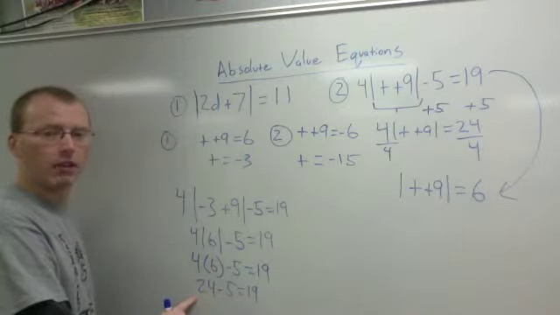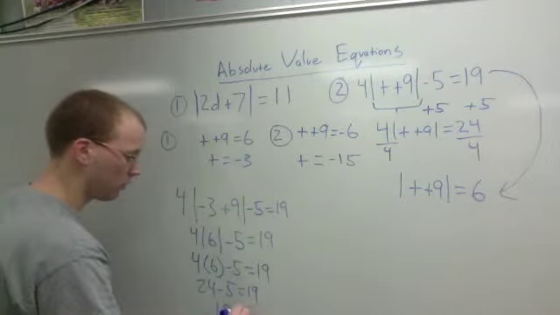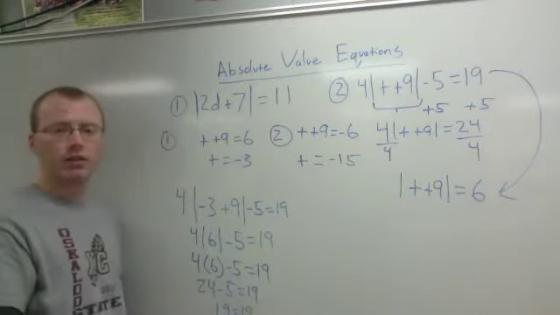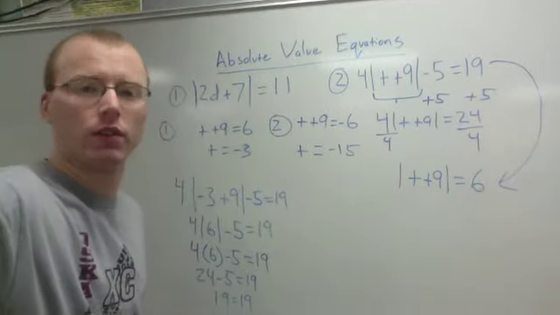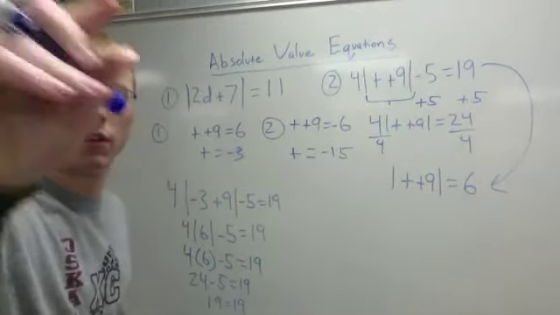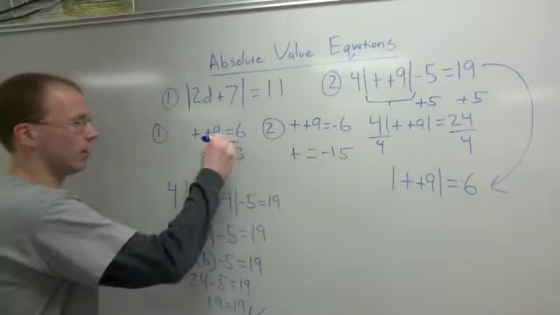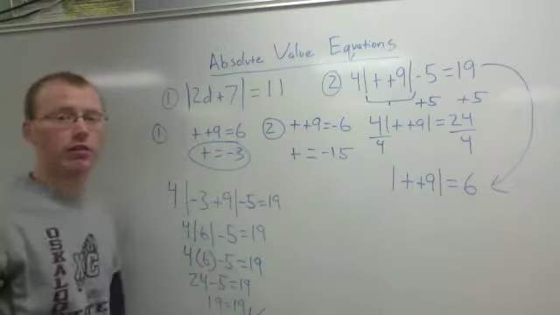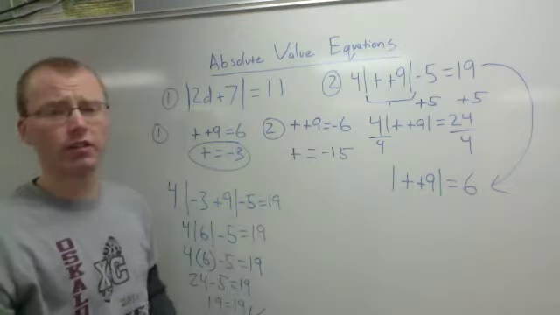We get 24 minus 5 is 19, so we get 19 equals 19 down here. So since both sides are equal, this checks out, and that is a solution to question number 2. Let's check negative 15 now.